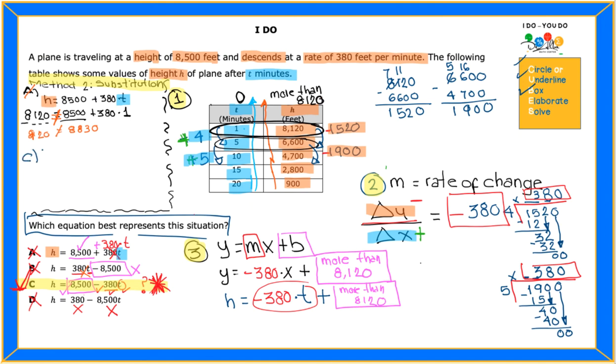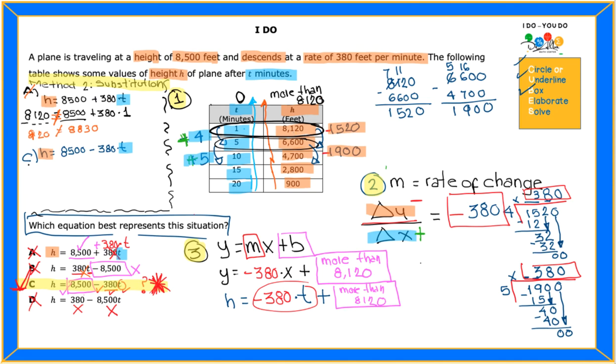The equation on choice C reads age equals 8,500 minus 380 that multiplies the T. Okay, and we said the age is the orange side of the table and the T is the blue side of the table. And I'm gonna bring the first set of values.